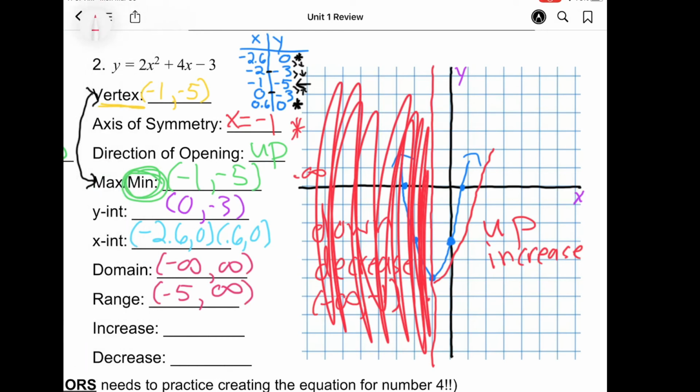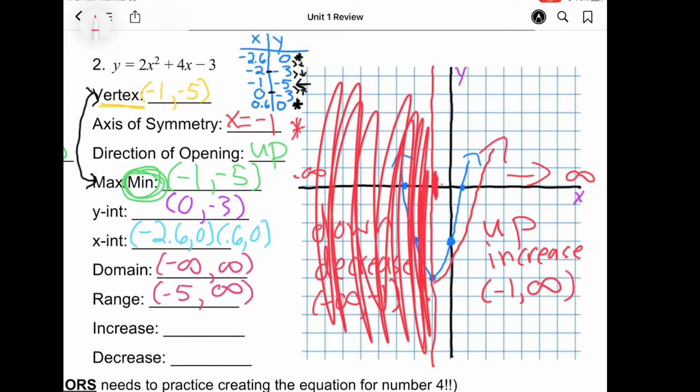If we are increasing, we want to show what the x values involved on this side of the graph are. Well, our smallest x value is found at that axis of symmetry. So we're going to start with our smallest x value on this side, and then this graph is slowly going to go to the right forever, which is eventually going to reach +infinity.